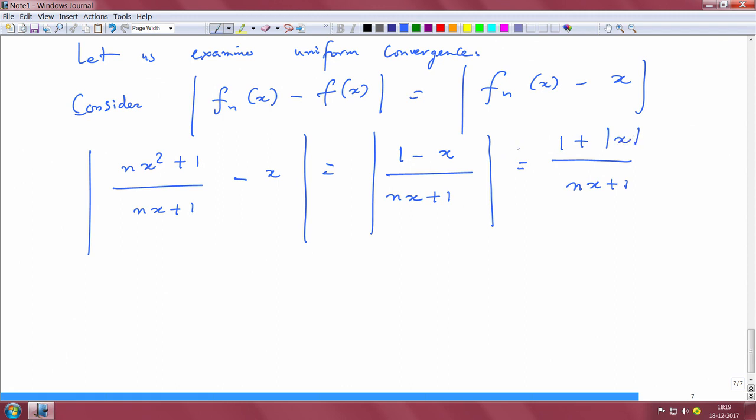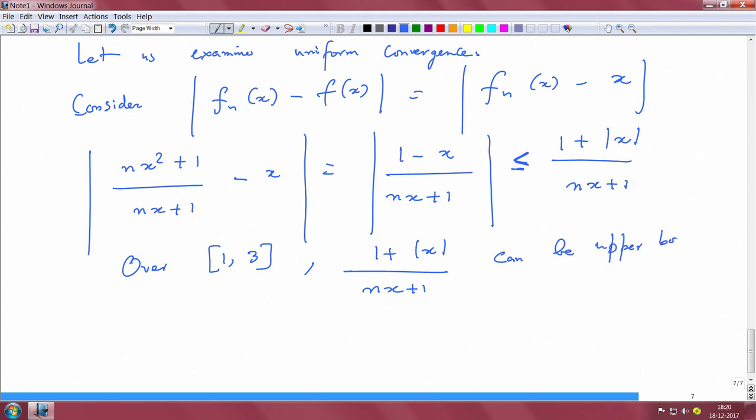This is basically less than or equal to, because I would like to say this mod of 1 minus x is definitely upper bounded by 1 plus mod x, right. I take the positive quantity here. So this is true. So now over this interval [1, 3], (1 + |x|)/(nx + 1) can be upper bounded by 4/(n + 1).